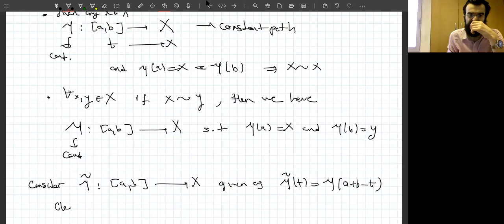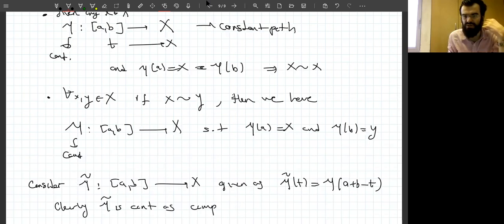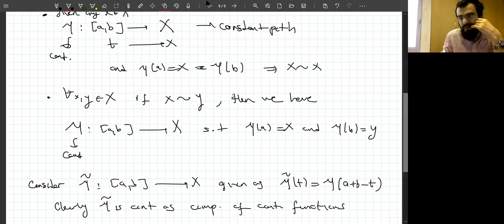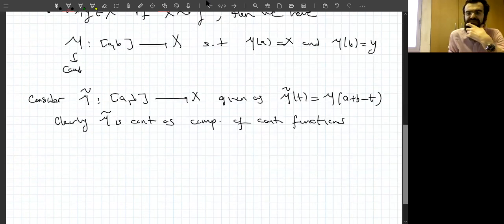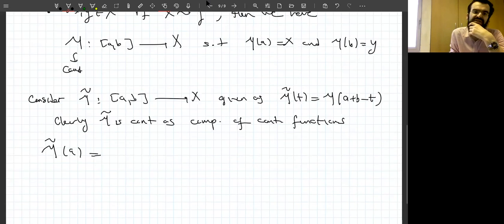Clearly gamma tilde is continuous, as a composition of continuous functions. Okay, from here, and gamma tilde(a) is what?